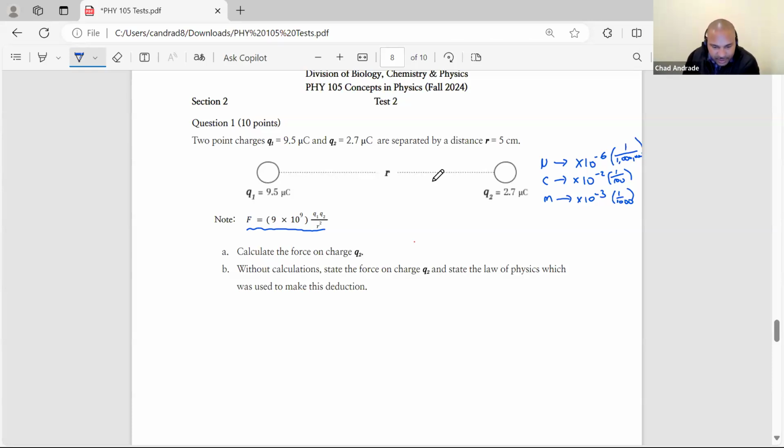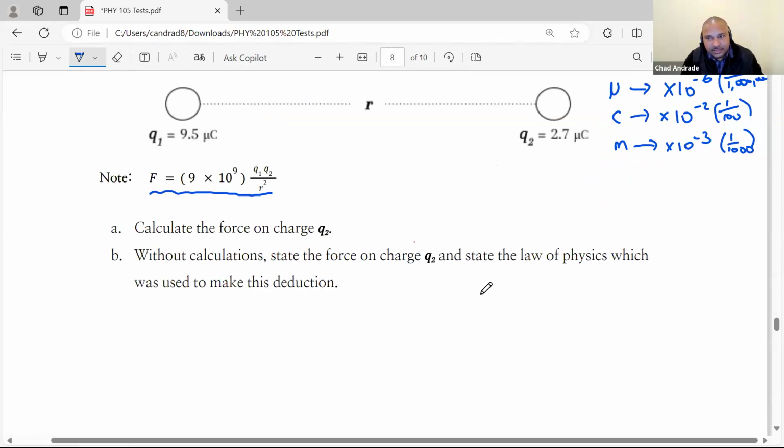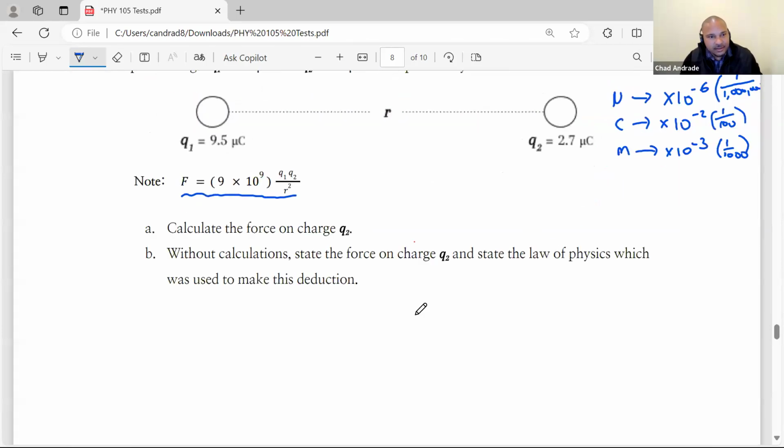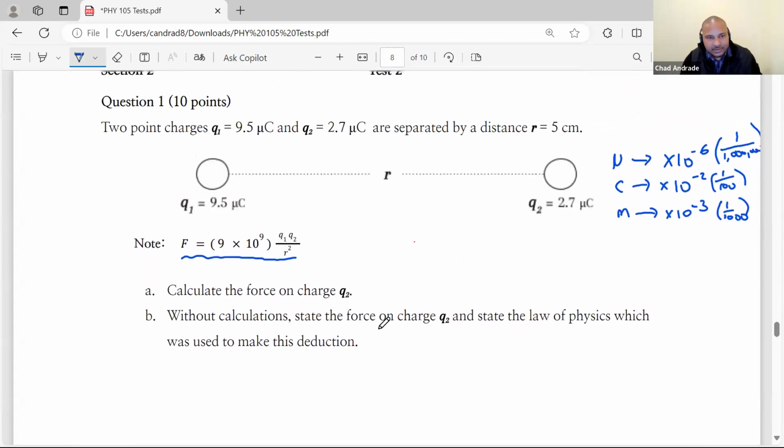So for this question, this is what we do, right? This is the equation that we're going to use.